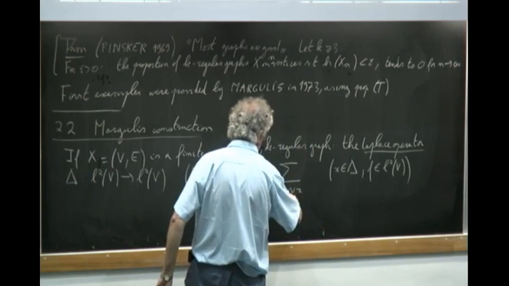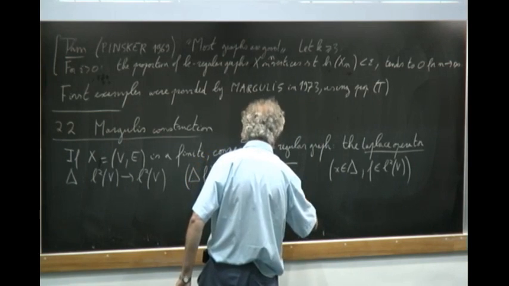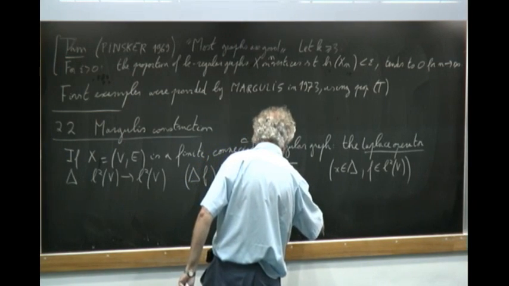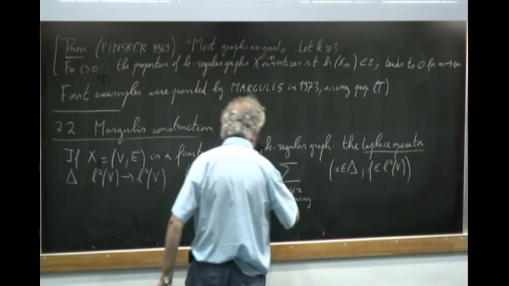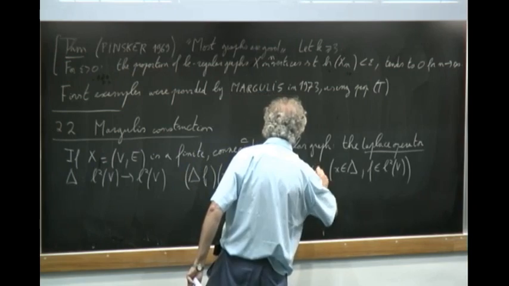So this tilde means that y is a neighbor of x. So that's the adjacency. So the sum over y a neighbor of x of f of y.